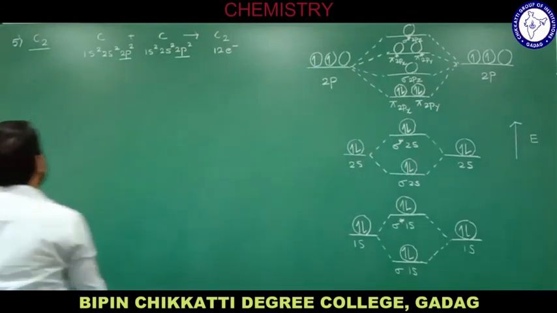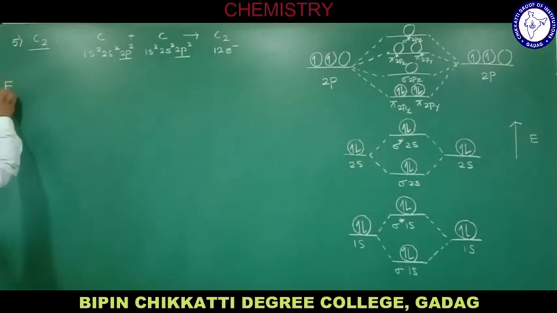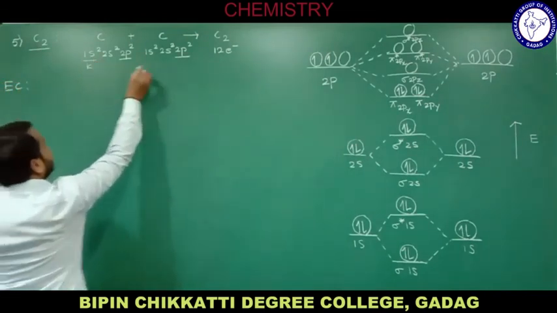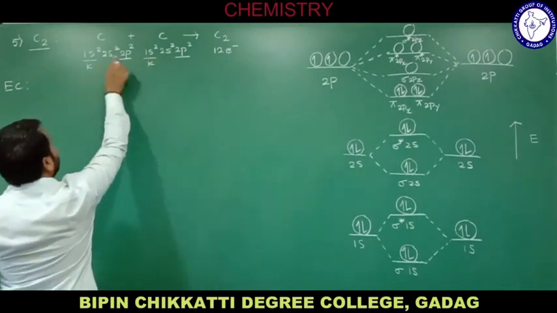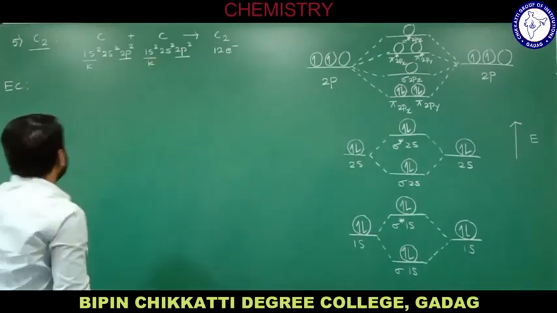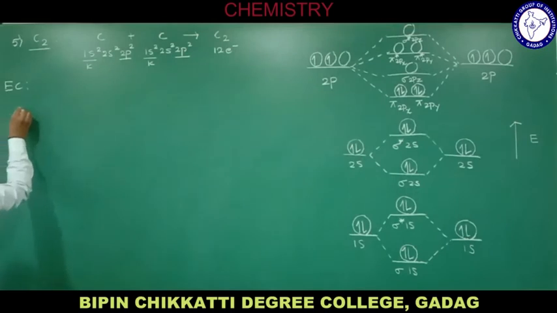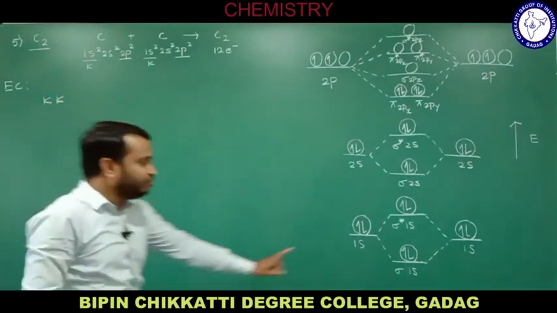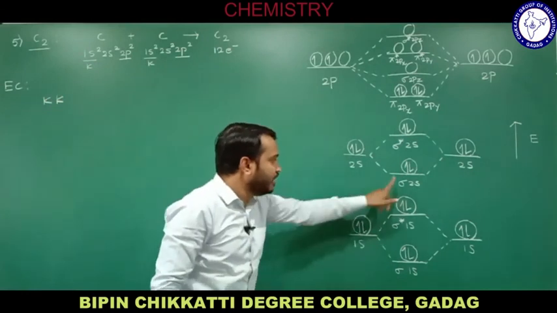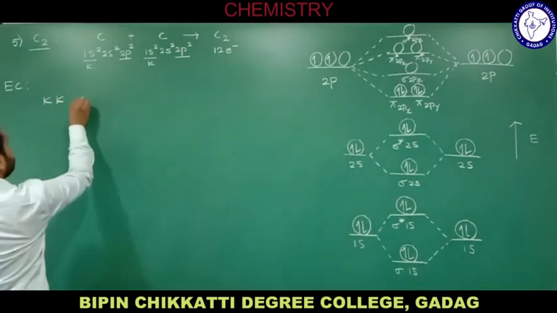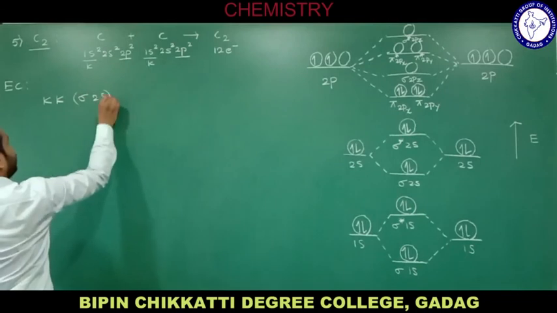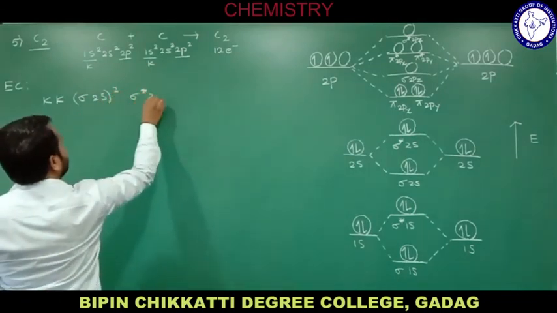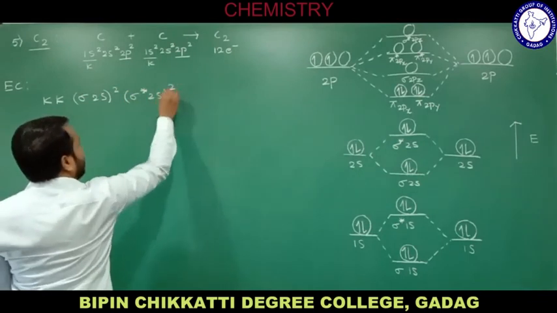Now we will write the electronic configuration. Since this is a K shell, and this is a K shell, and the 2 and 2 are the next, the L shell. Since K shell is completely filled, I write K, K. Next we have sigma 2s, 2 electrons there, and next sigma star 2s, 2 electrons over there.